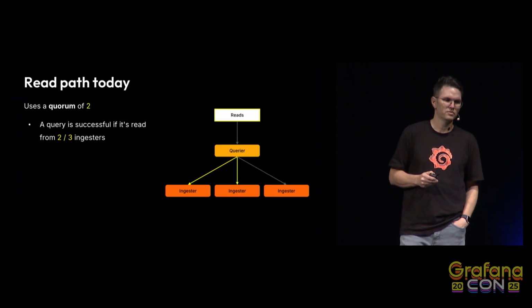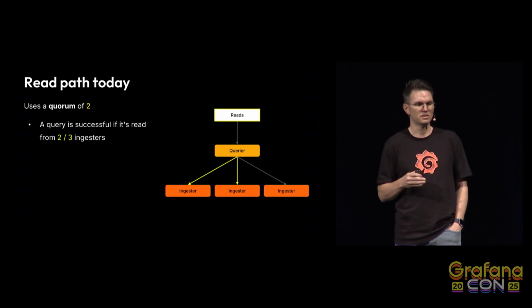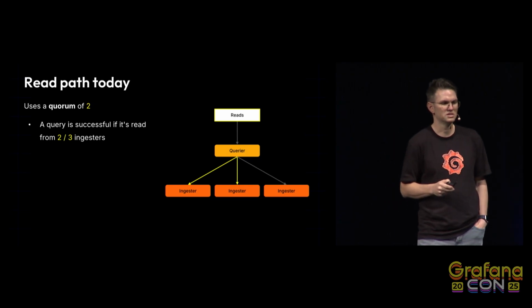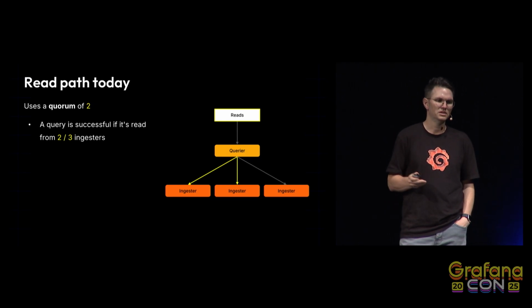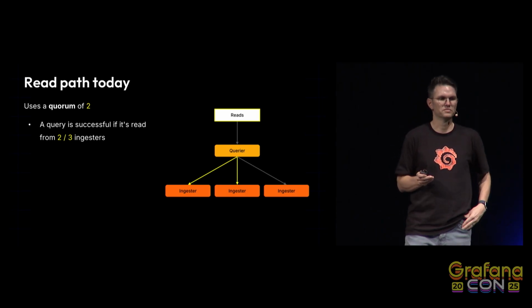The way the read path works is a little bit similar in that queryers are looking up series on some ingesters. If a querier is interested in some series, it shards the series IDs to figure out which ingesters the data lives on, and it'll query the data on up to 3 ingesters and look for a response from 2 out of 3 ingesters.